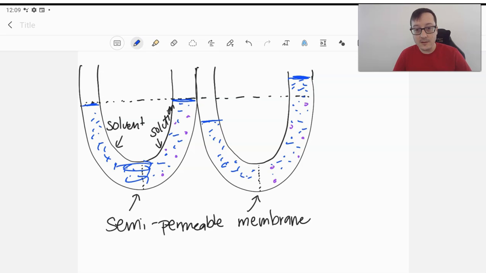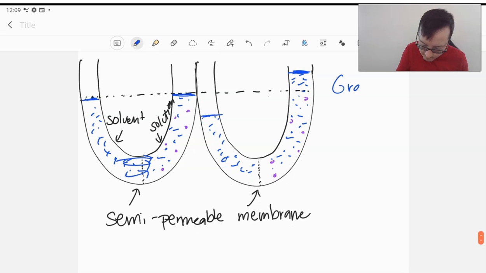As a result, we're going to see that the height of the solution is going to increase from what it used to be. And as a result, the side with the solvent will decrease. And as we know, our best friend gravity has its own things it wants to do, right? Gravity is pulling this down.